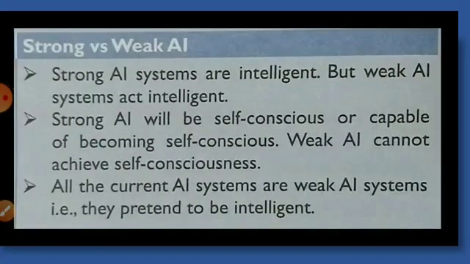Now children, these can also be categorized as strong and weak AI. So let us see what is strong versus weak AI. Strong AI systems are intelligent, but weak AI systems act intelligent. Strong AI will be self-conscious or capable of becoming self-conscious, like artificial general intelligence.